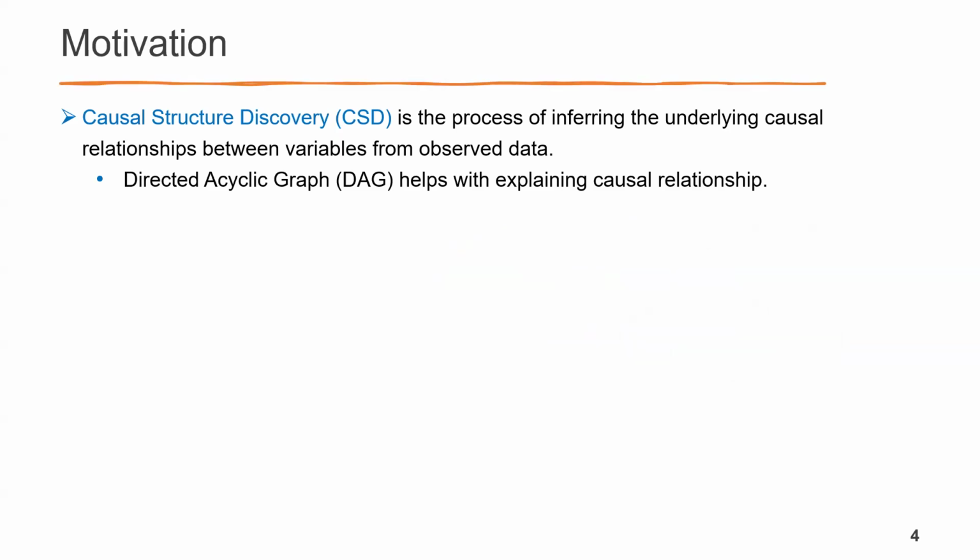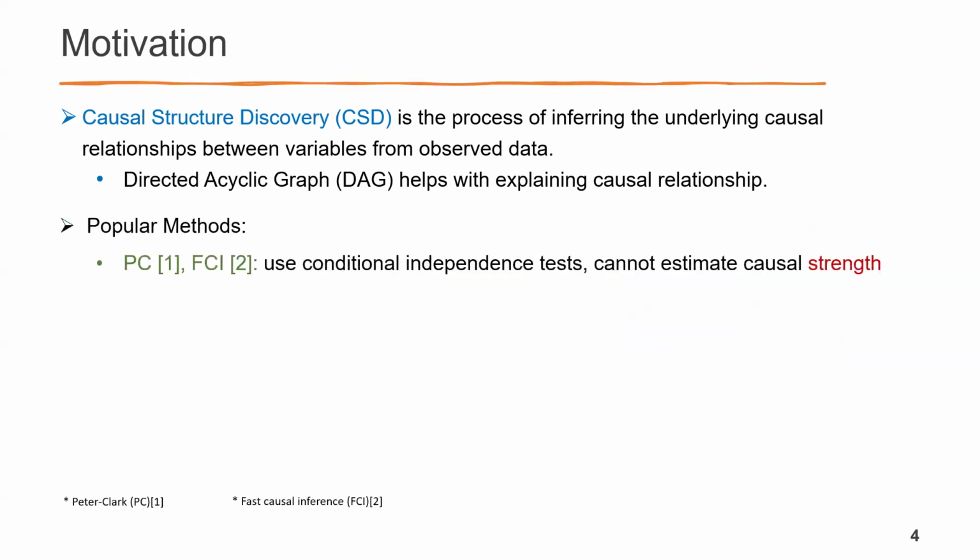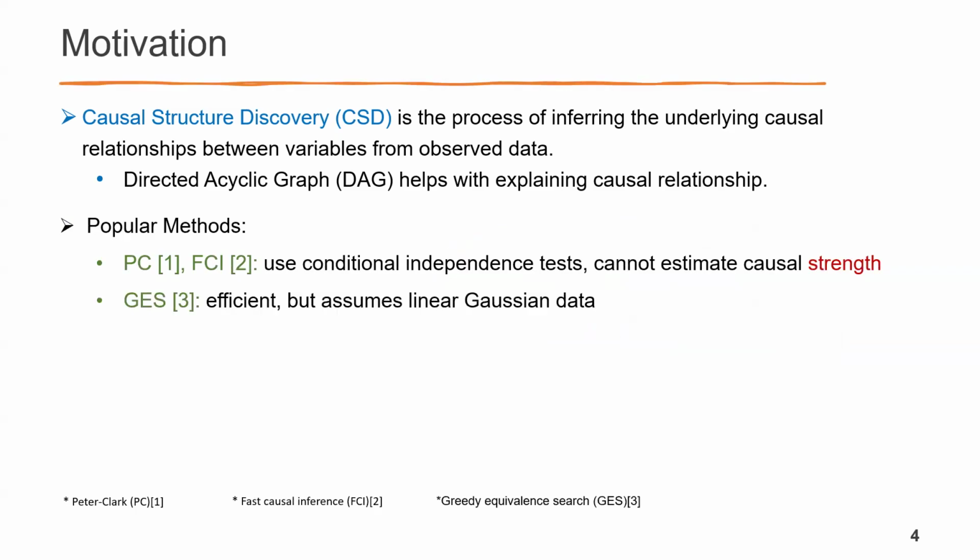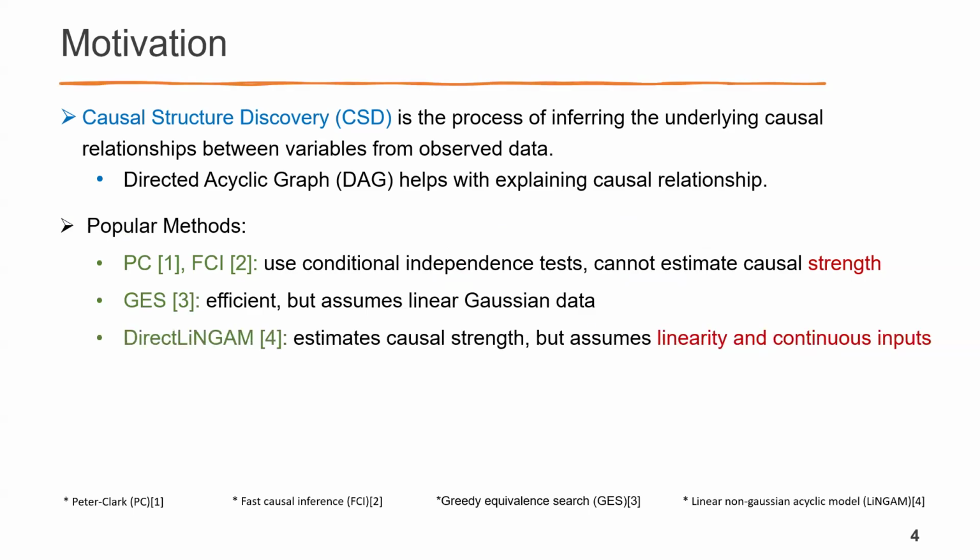There are various models in the current literature. First, the PC and FCI models use conditional independence tests, but they cannot estimate causal strength. The GES model is efficient, but it assumes linear Gaussian data.